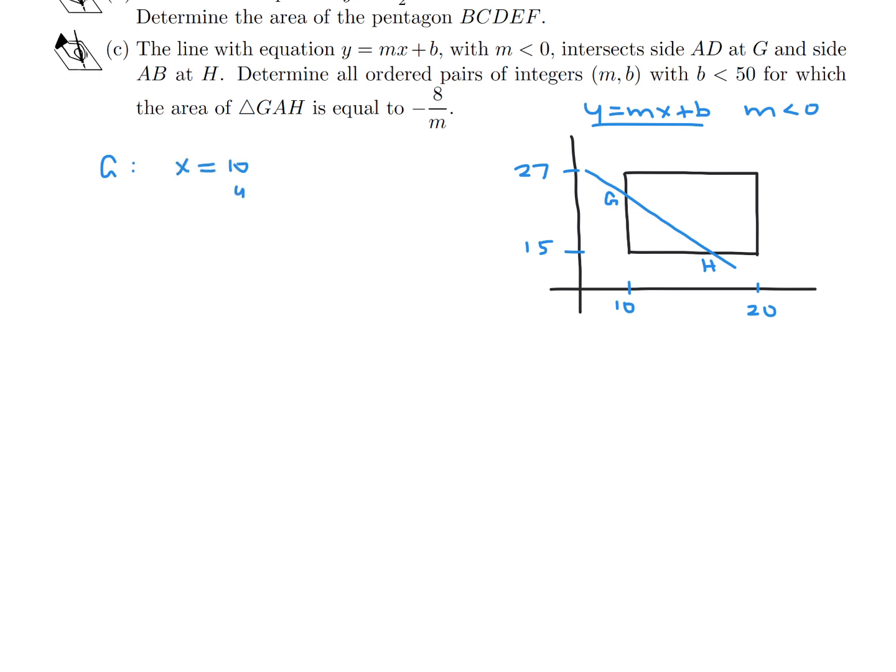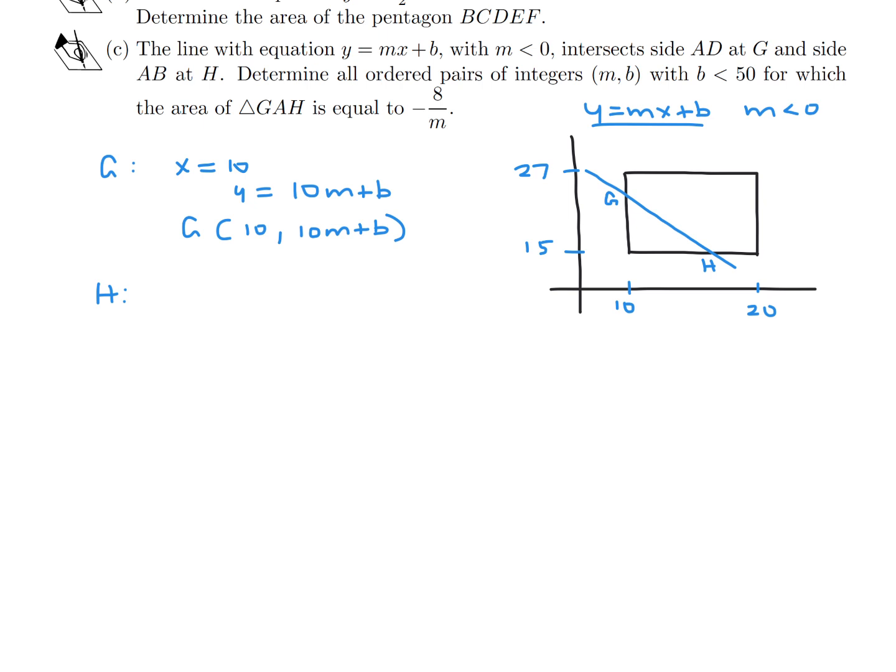So that means y is equal to, x is 10, so 10m plus b. Well, that doesn't really give us much. It just tells us that the coordinates are 10 and 10m plus b. Previously we were able to get a number, but this time we have this m in there. But I guess we have to work with that. Not a problem. It's just an extra variable.